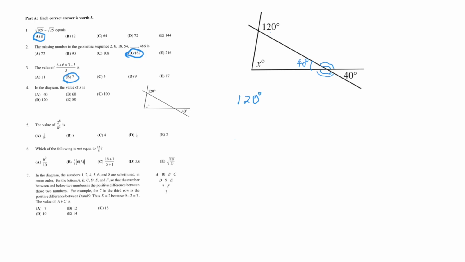So the exterior angle equals the sum of the opposite two interior angles. So 120 equals x plus 40. X, that's 120 minus 40, that's 80. So number 4, the answer is E.